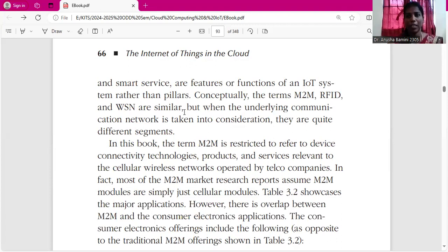One of the applications of M2M is fleet management. This is a new word in IoT.